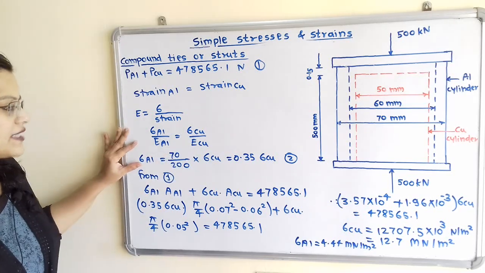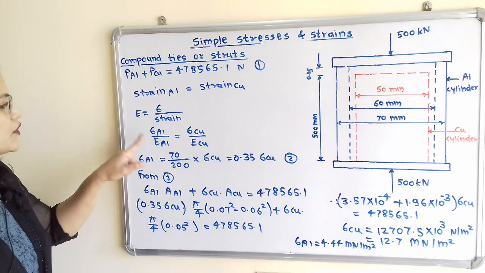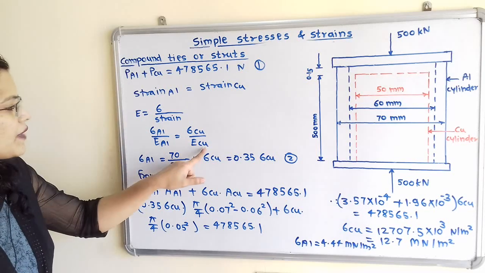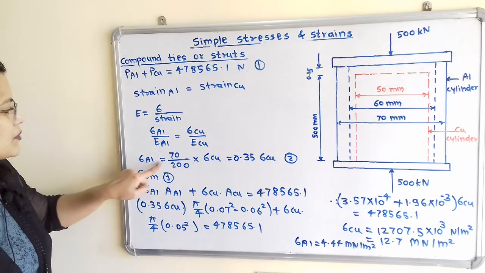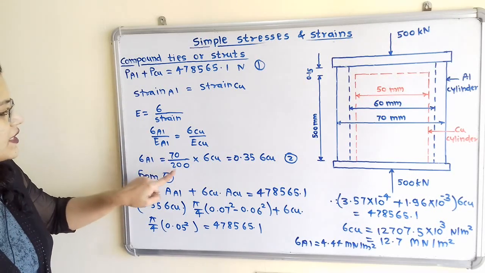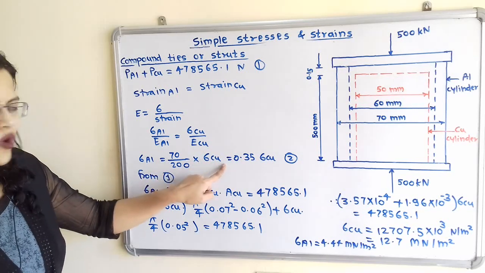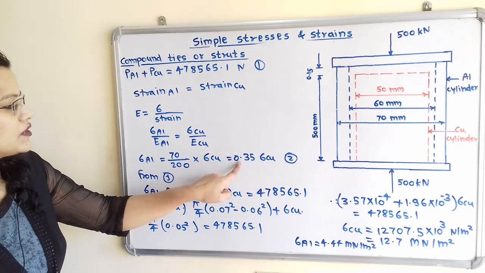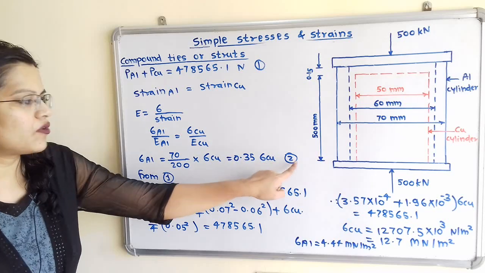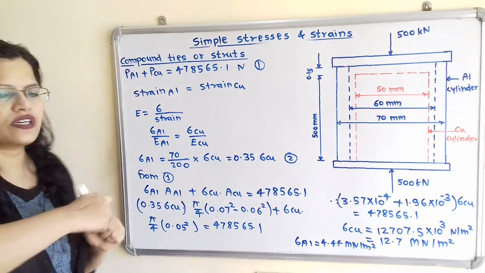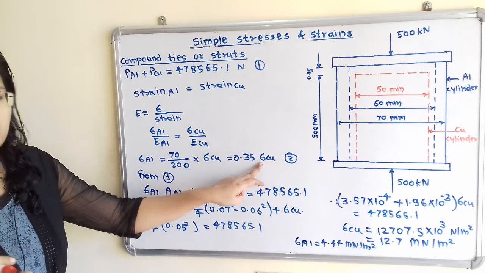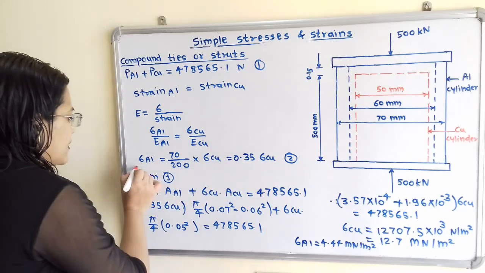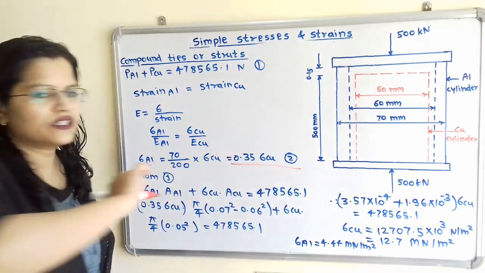We get this second equation because we know the values of Young's modulus E for aluminium and copper. So sigma aluminium is equal to 70 divided by 200 sigma copper, which is equal to 0.35 sigma copper. This is the relation between the aluminium and copper materials for the stress sigma. I will underline this as equation number 2.